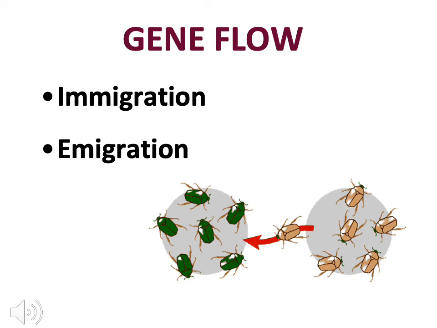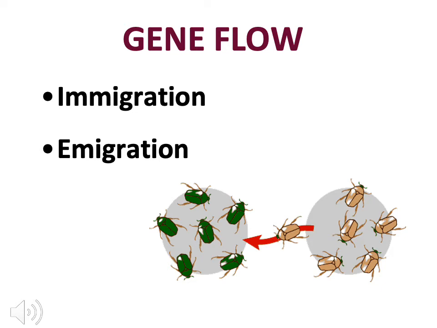Now, arguably, the fact of the matter is it's the alleles coming in that are going to have the greater effect on your population. So hence, looking at our picture here, I've got a population of brown beetles, got a population of green beetles, and I see a brown beetle is leaving its brown beetle population.